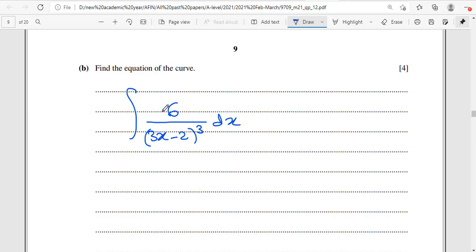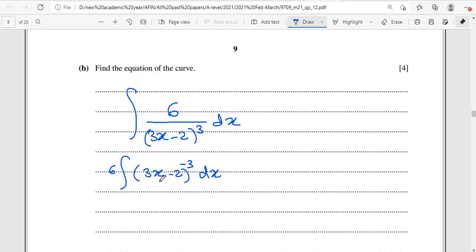To solve this, it's easier to send the 6 outside of the integral and bring this bracket from the denominator to the numerator and change the sign of the power. Then it will be 6 times the integral of (3x minus 2) to the power negative 3, dx.